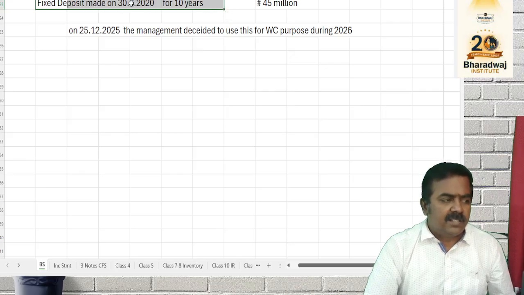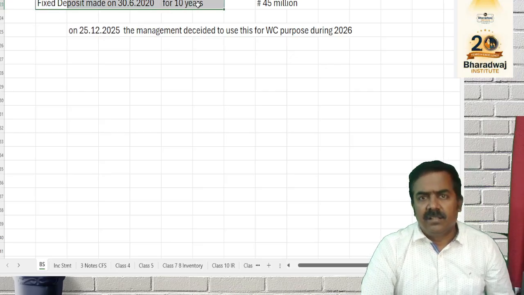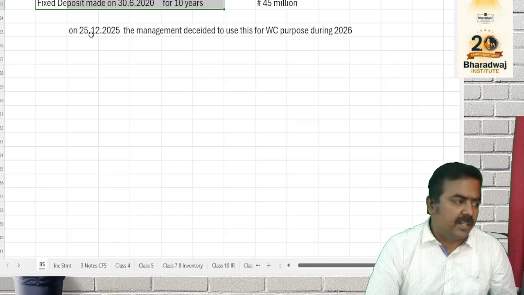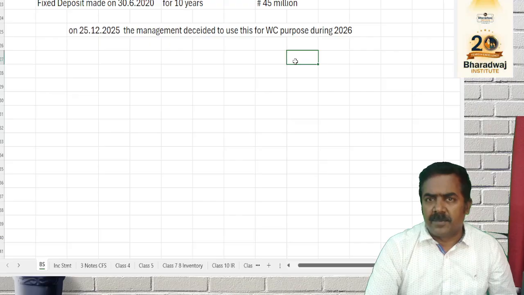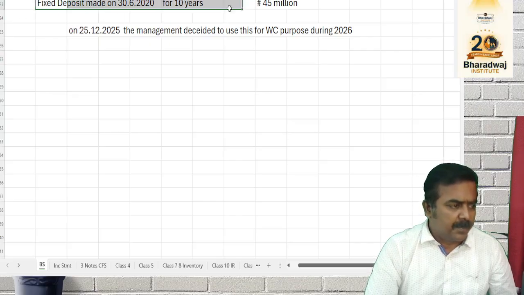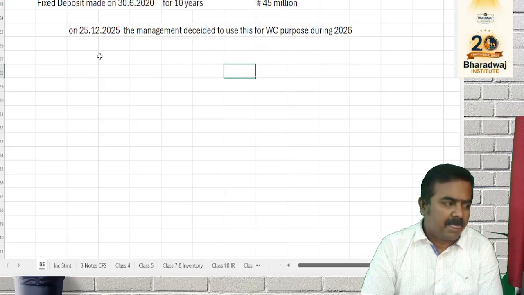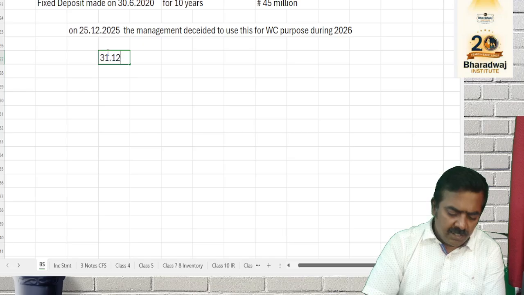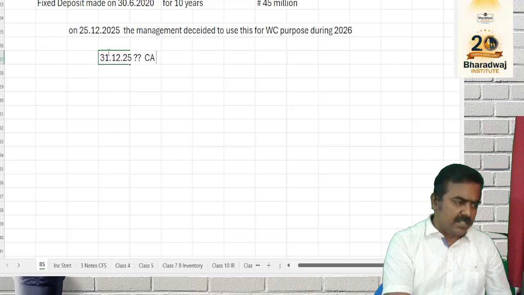When is the maturity date? 30th June 2030 will be the maturity date. But on 25/12, we decided to use this for working capital purpose. Now, whether this fixed deposit will be called a non-current asset or current asset when you prepare the balance sheet on 31/12/2025.